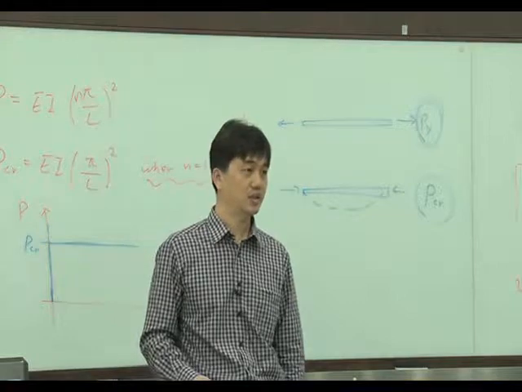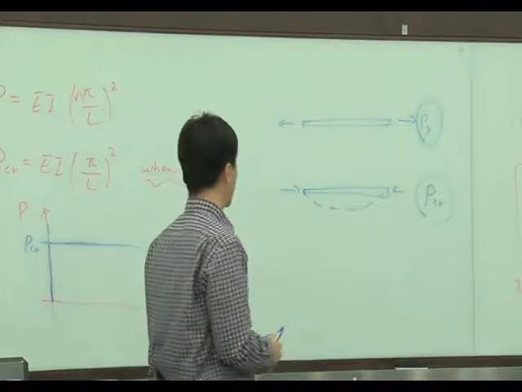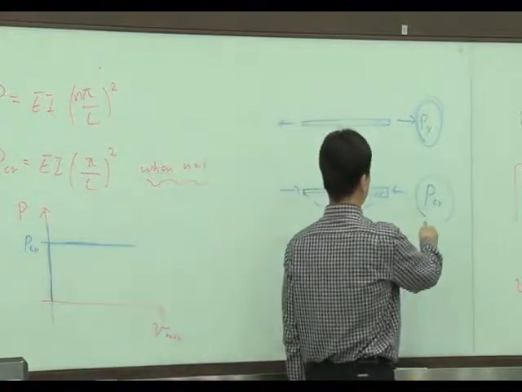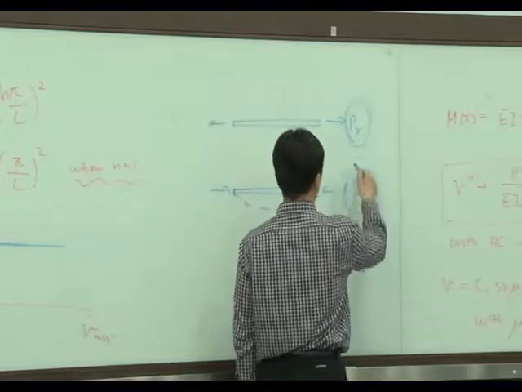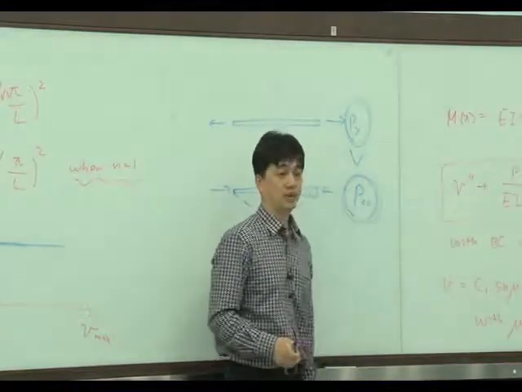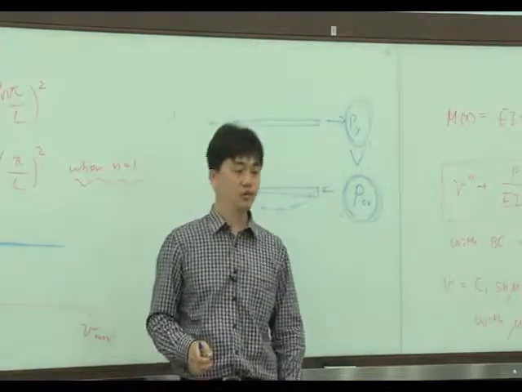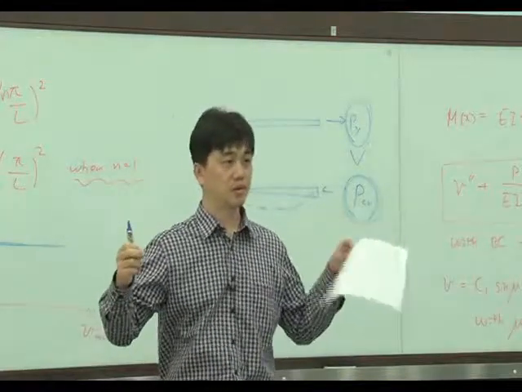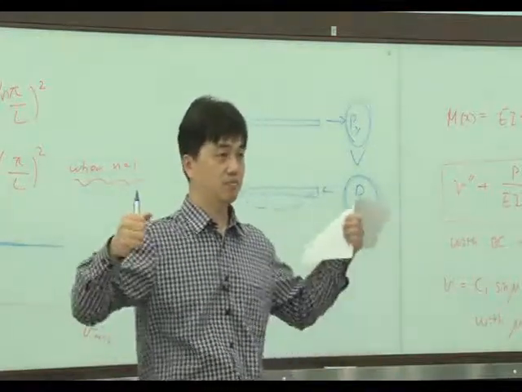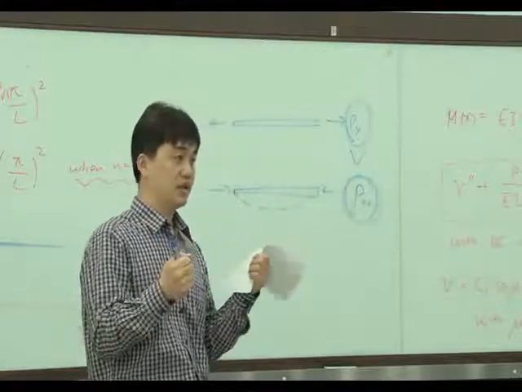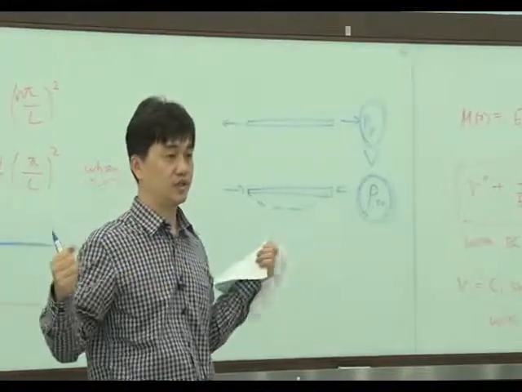For a slender member, this PCR is smaller than PY. So here we have the same member, and I'm going to compress it and I'm going to stretch it.